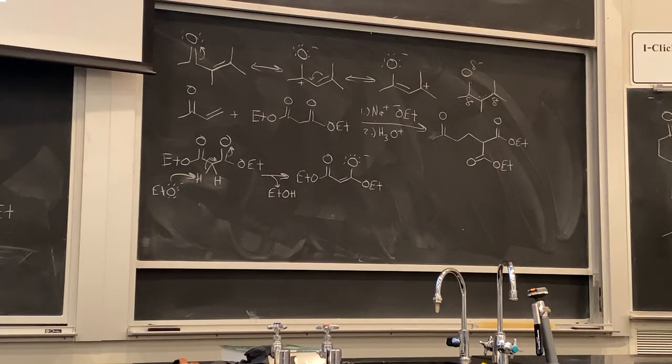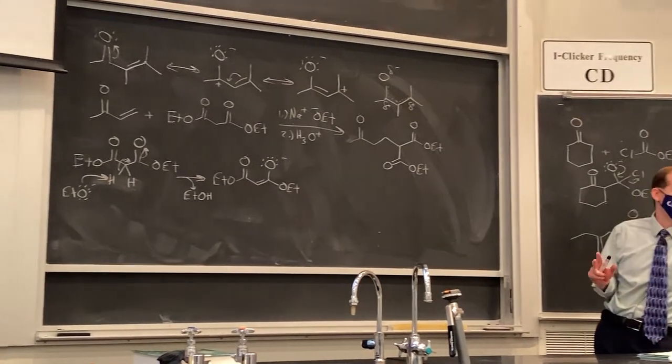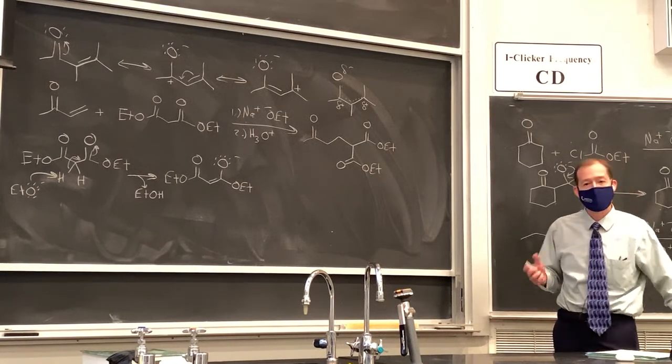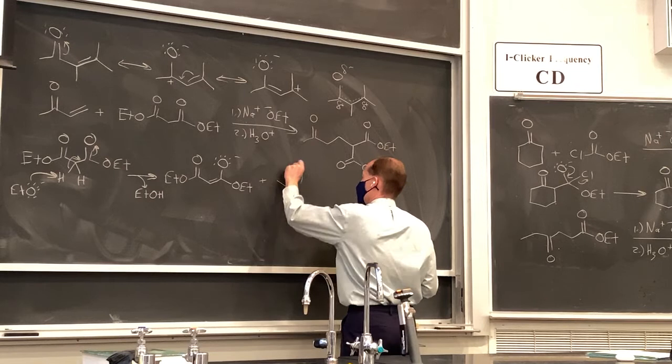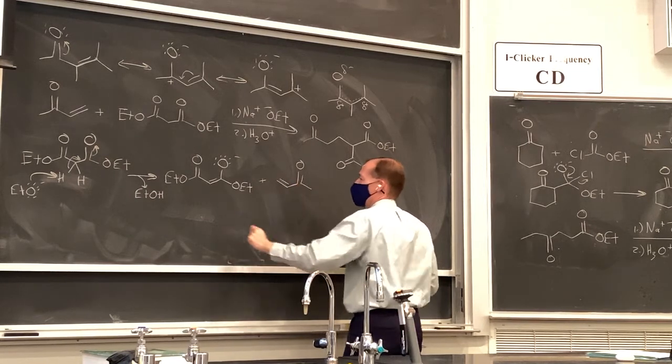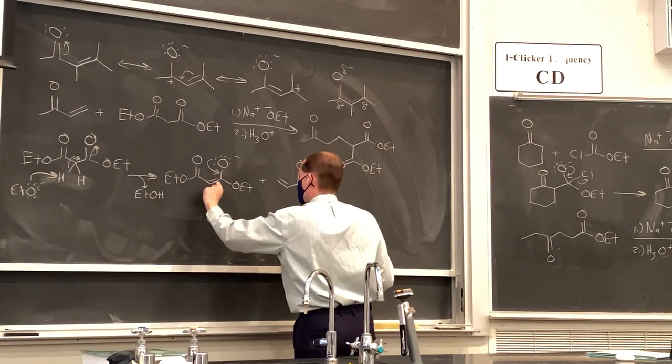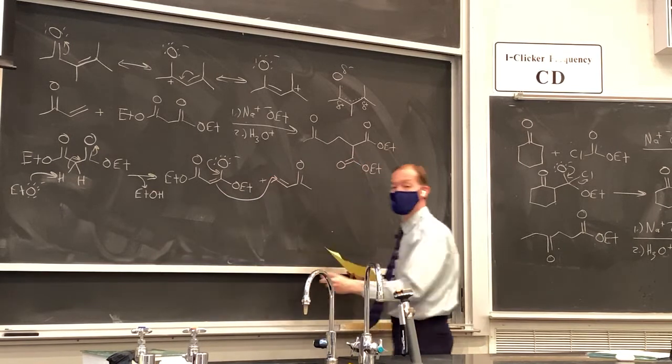Okay, so now our nucleophilic enolate can react with our electrophilic ketone. It could add to the carbonyl, or it could add to the beta carbon. For reasons we won't get into, it prefers to add to the beta carbon. So the enolate attacks the beta carbon.